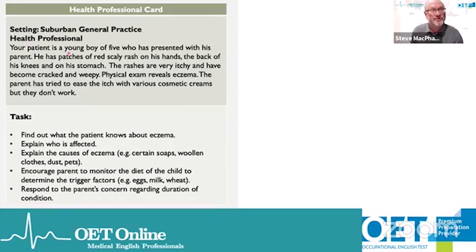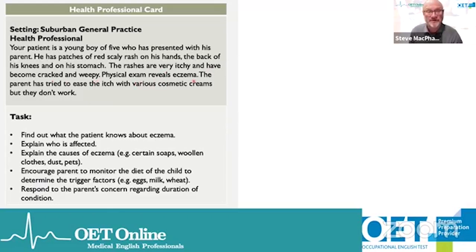It says, your patient is a young boy of 5 who is presented with his parent. Now, we don't know the gender of the parent. So if it's a male interlocutor, then you'll be talking to a male. If it's a female interlocutor, it will be a female. Now, the patient has patches of red scaly rash on his hands, back of his knees, and his stomach. The rashes are very itchy, have become cracked and weepy.